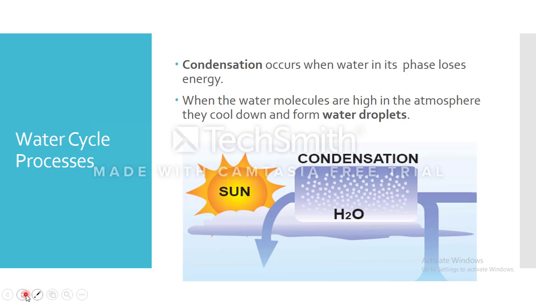It is cooling down and changing from its gaseous phase to a liquid phase. Water droplets are now being formed. So water has gone from its gas phase to its liquid phase in the process of condensation.